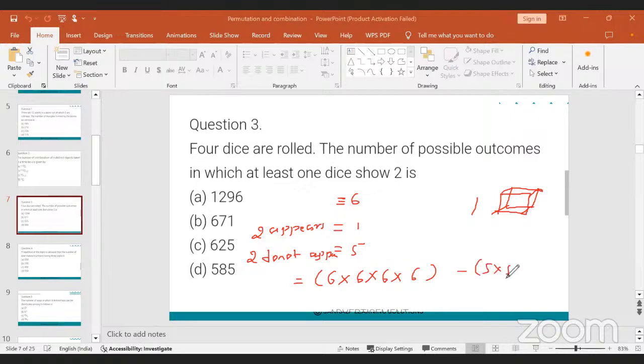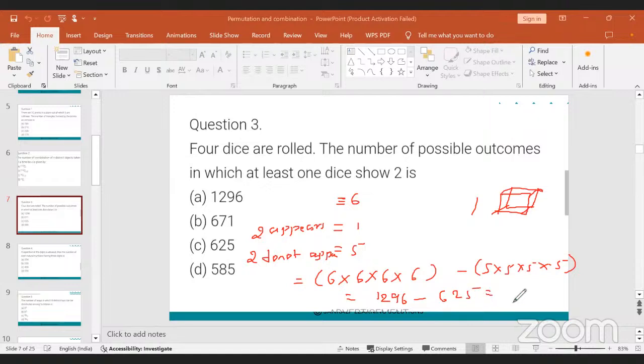All outcomes is 6 into 6 into 6 into 6, minus 5 into 5 into 5 into 5, because it applies to all four dice. 6 6s are 36, 36 6s are 216, 216 6s are 1296, minus 5 5s are 25, 25 5s are 125, 125 5s are 625, that is 5 raised to 4.